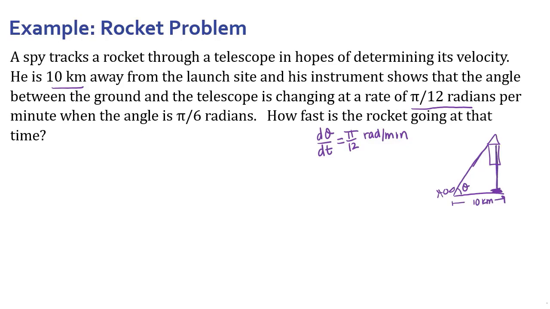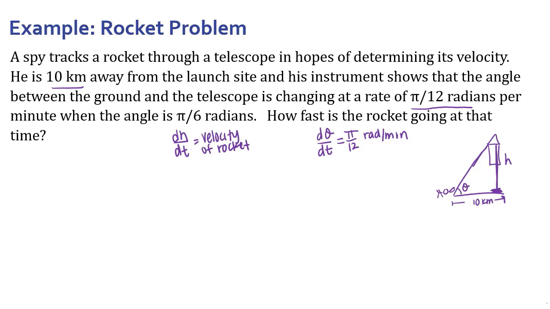Okay, so let's say we've got our h value. How fast the rocket's going would be the derivative of h over time, so how quickly that height is changing. That's going to be the velocity of the rocket. It's how fast that height is changing.